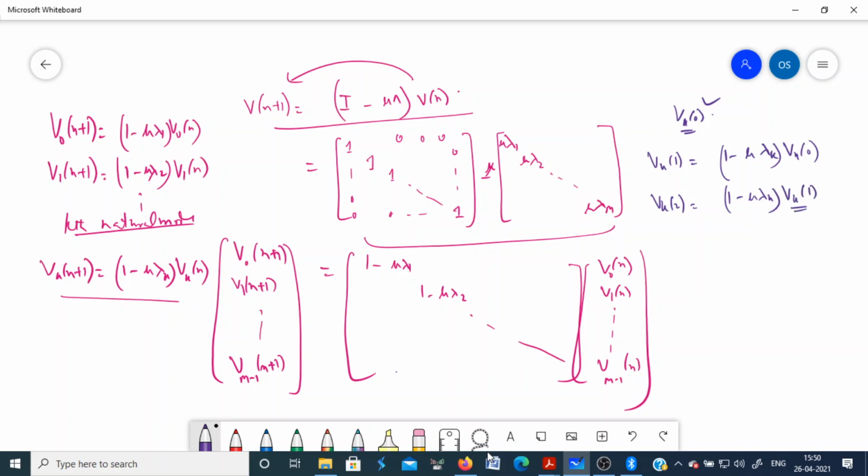But since Vk of 1 is this, if you multiply this with this, you will get (1 minus mu lambda k) squared into Vk of 0, and so on. So if you know the initial condition for this difference equation, you can write that Vk of n will be (1 minus mu lambda k) to the power n into Vk of 0.